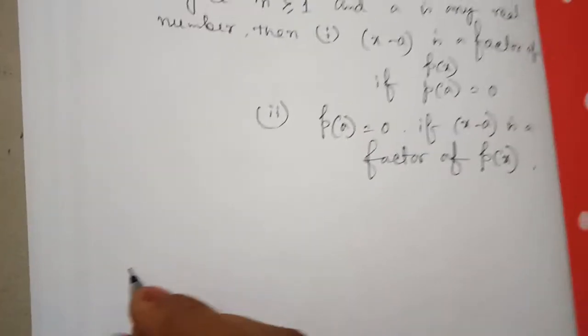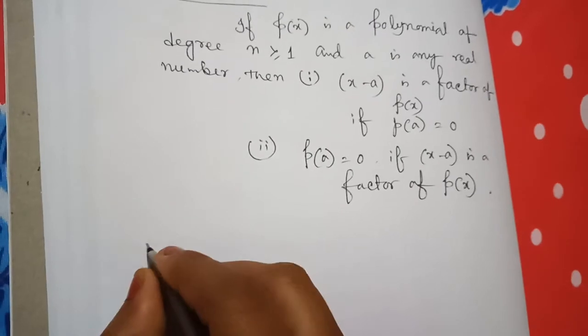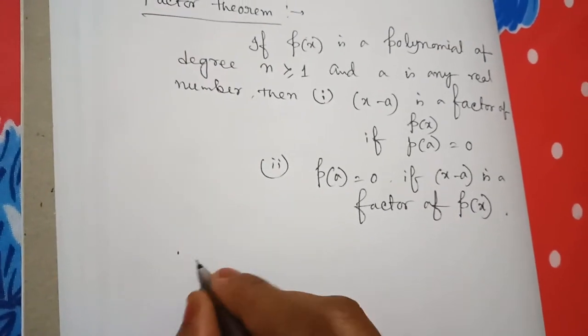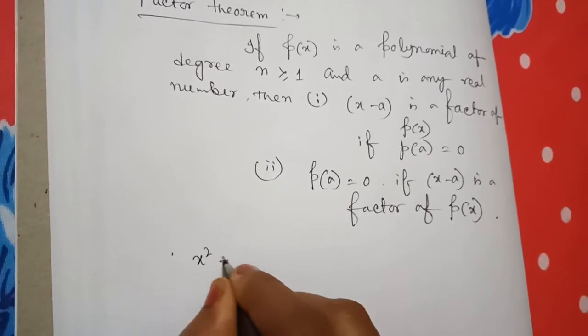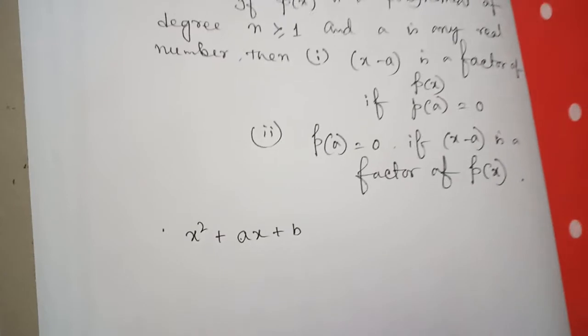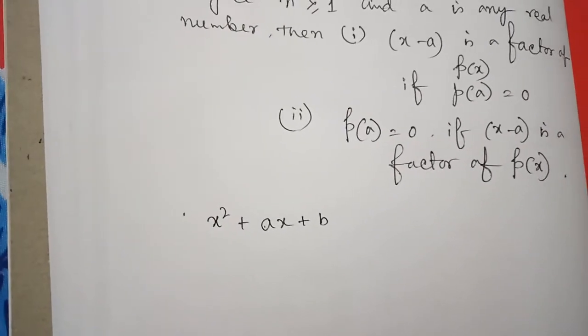Now we will go to the main topic of today, that is factorization of polynomials. Factorization of polynomials by splitting the middle term, you all have done, like suppose x square plus ax plus b. Suppose you have to factorize this polynomial.